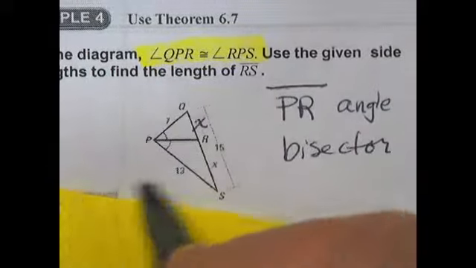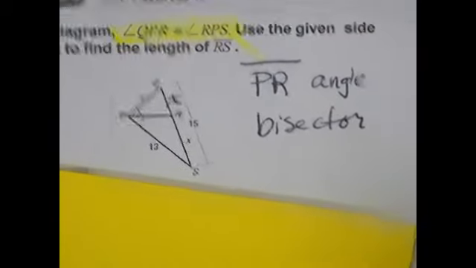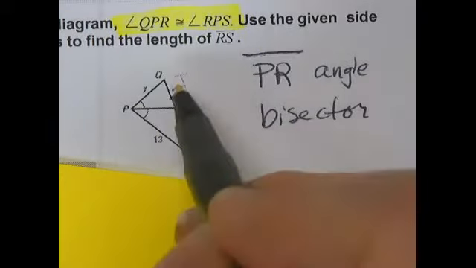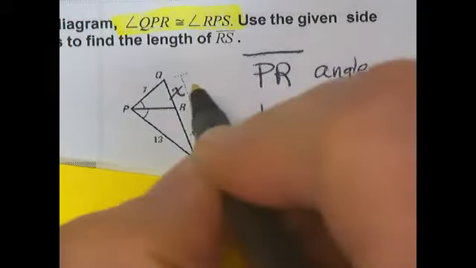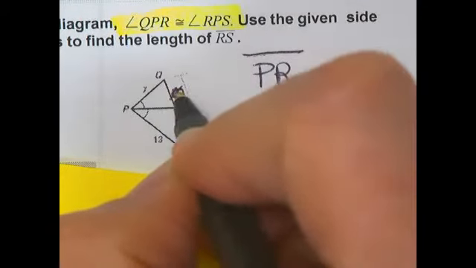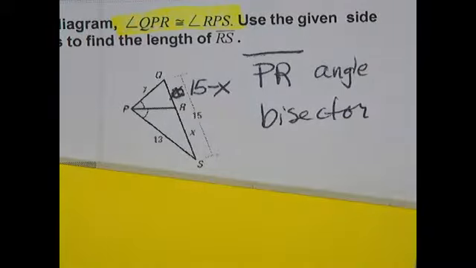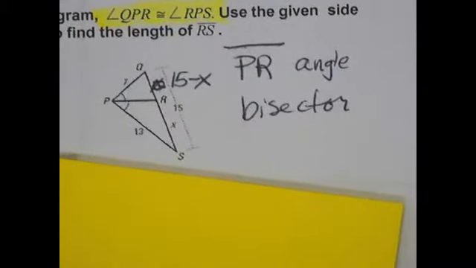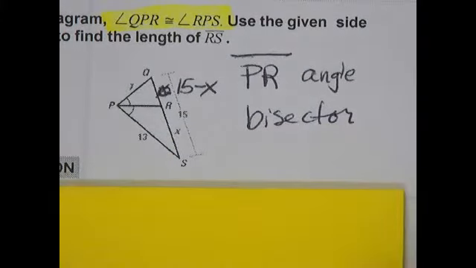So what that means is that this side is to 1 as this side is to 13. Alright, but we can't call this x. This part is called x. The whole thing is 15, so isn't this part right here 15 minus x?